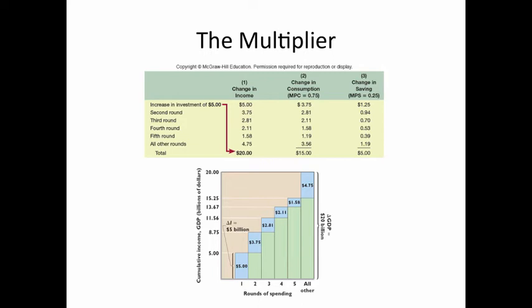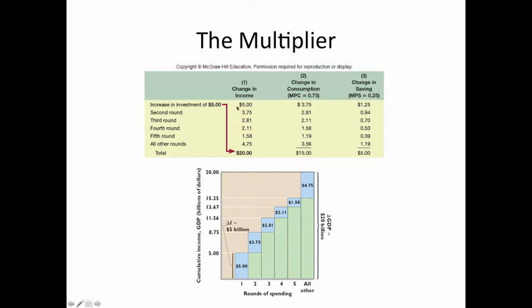So as you can see, we have the increase in investment spending here, $5. Right, these are in billions, so that's a $5 billion increase in investment spending from one company to another, which increases that next company's income by that amount. As one company spends $5 billion on another company's goods or services, that increases the income and the output of that second company by that $5 billion.